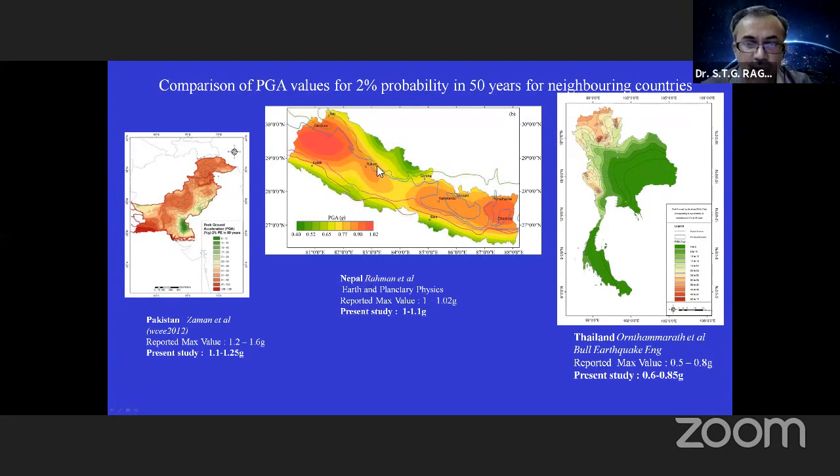In Nepal also, the maximum value is around 1 times gravity. Thailand, which is towards the northeastern side of India, also has a maximum value of around 0.8g. So if you compare these values with our IS code, obviously we get a feeling that our numbers are on the lower side.